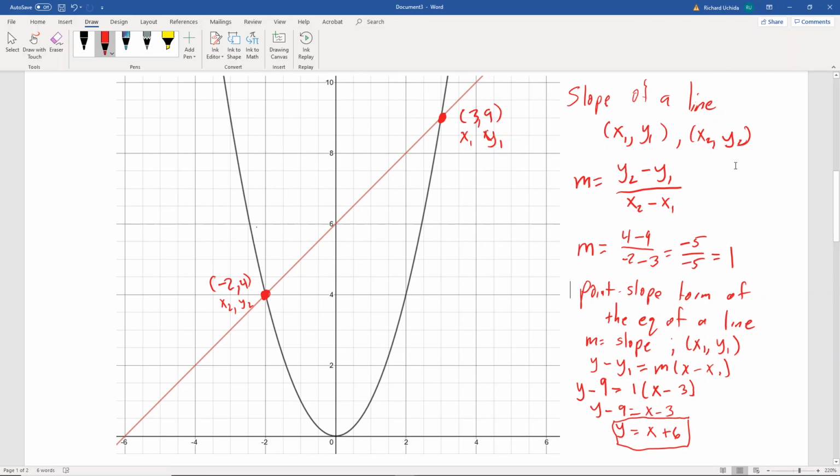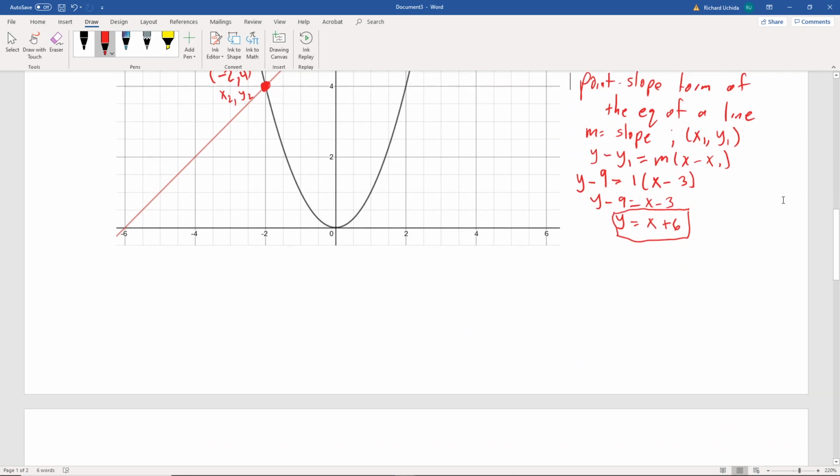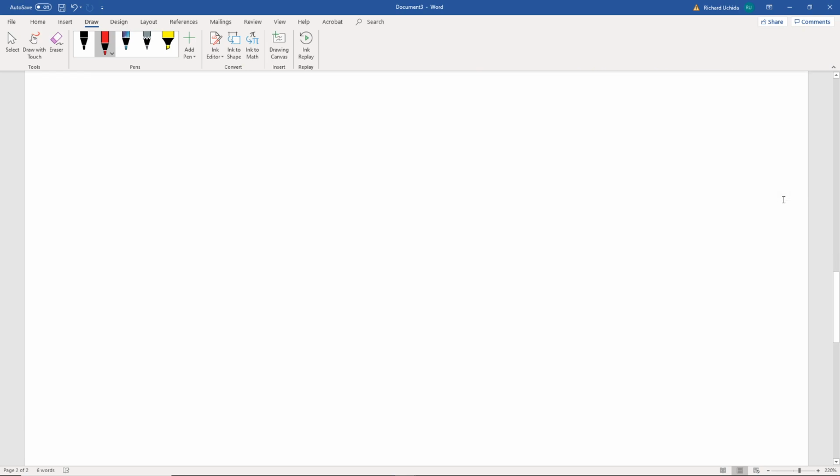Now, just a few other things to note to help prepare you for when you talk about the average rate of change, or reminders about the slope. Remember, if the slope is positive, then as you go from left to right, the line is going upwards.